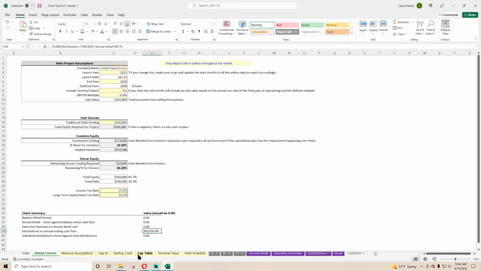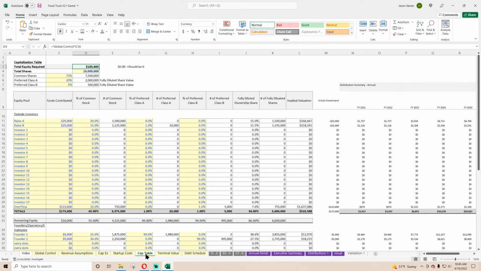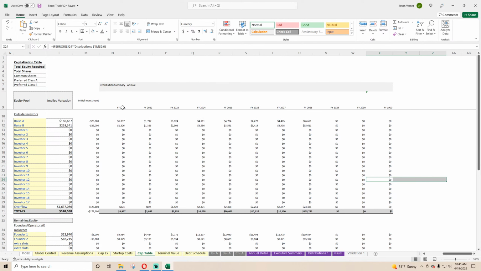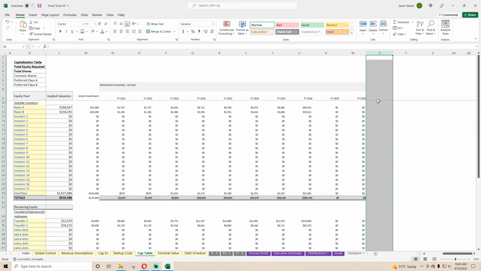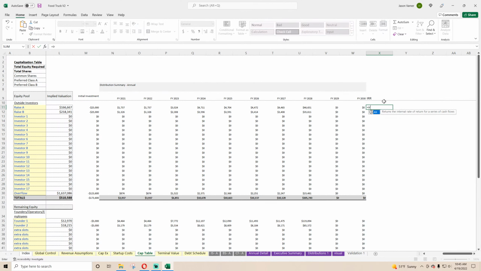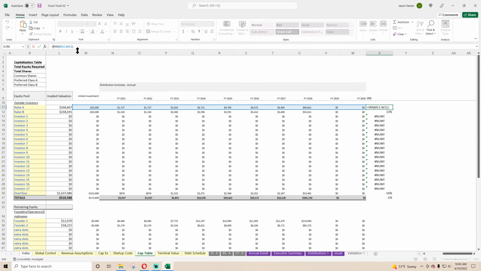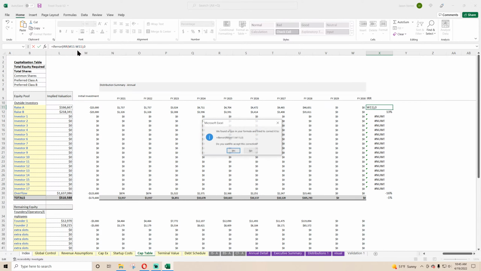Distributions to annual, so cap table, let's look at this. Are we matched up here? 1, 2, 3, 4, 5, 6, 7, 8, 9, 10. This needs to be IRR for each individual, and then we could do aggregate.